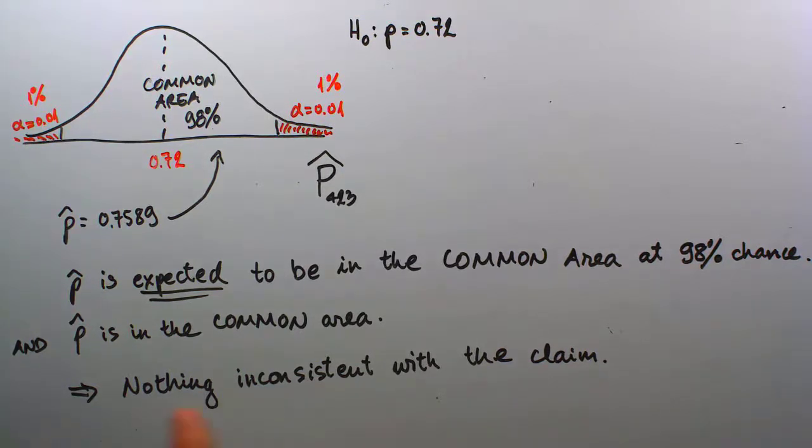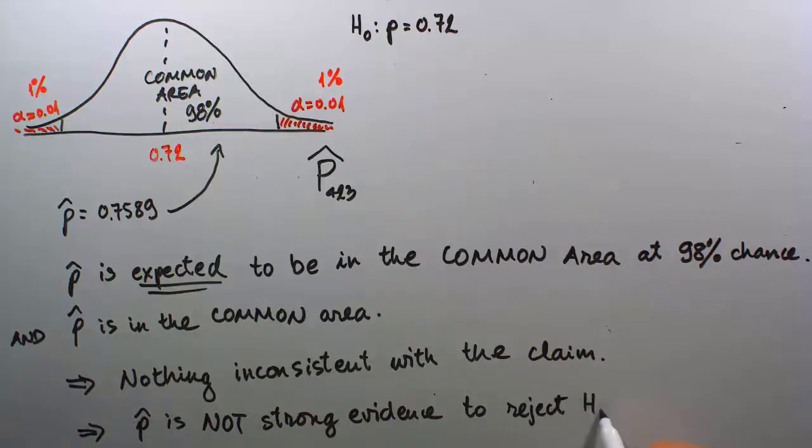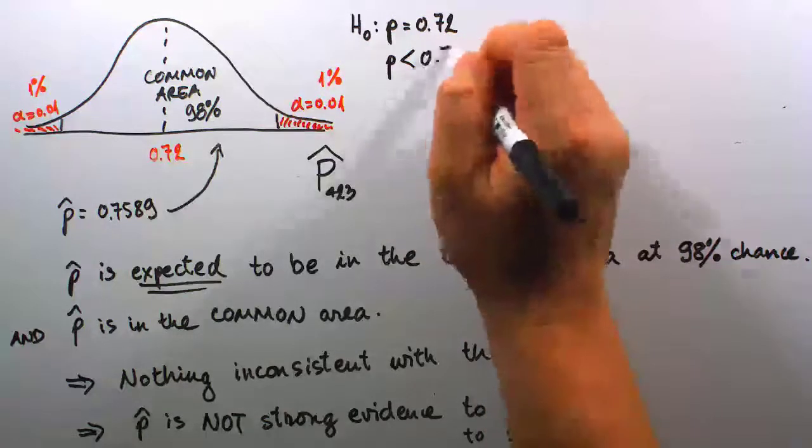And that's the reason why, since we failed to point out the inconsistency with the claim right there, p hat is not showing strong evidence to reject H sub 0, or we can also say to support H1, meaning there's not strong enough evidence to suggest that the proportion of iPhone users should be less than 0.72.